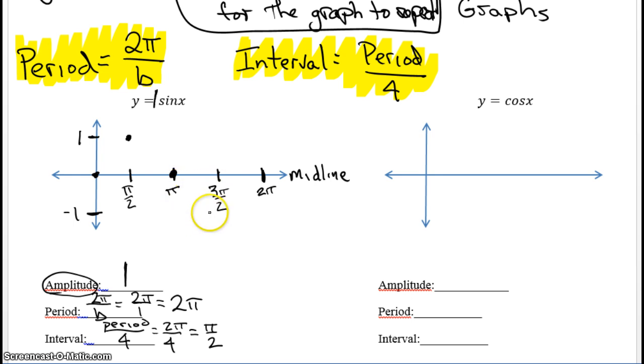The third interval, at 3 pi over 2, I'm down at the bottom of the wave. I put a point at -1. And then continuing to move to the right, I'm continuing up towards the midline, and I put a point there at the midline at 2 pi. I now draw a smooth curve that connects all 4 of these points, and there's the graph of sine.